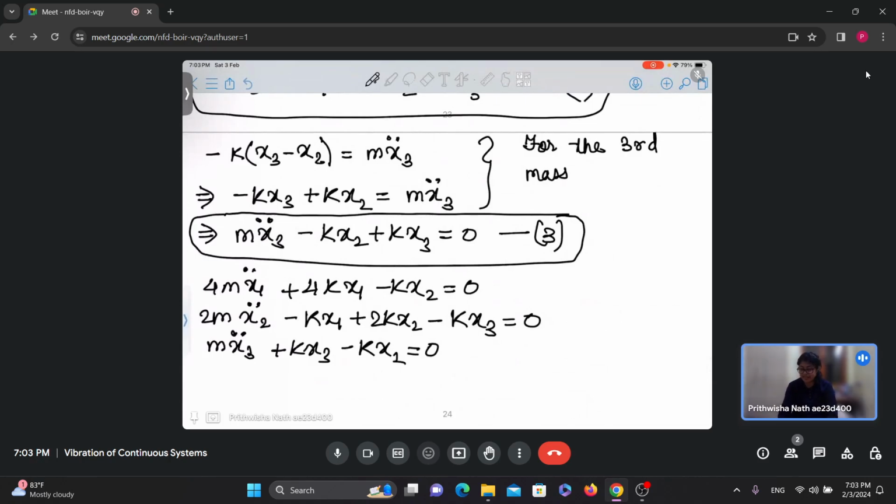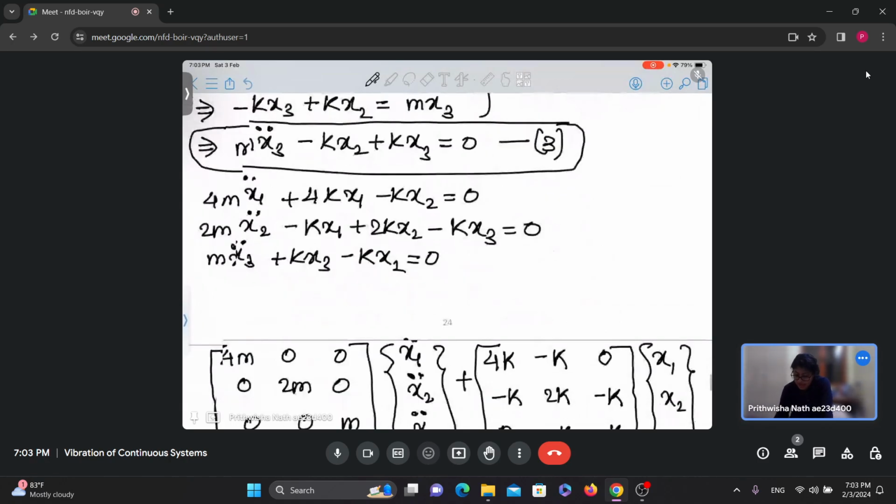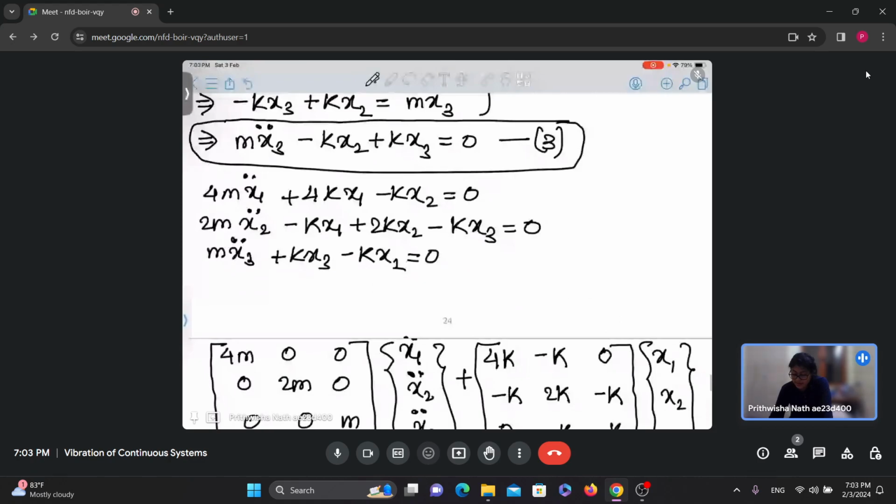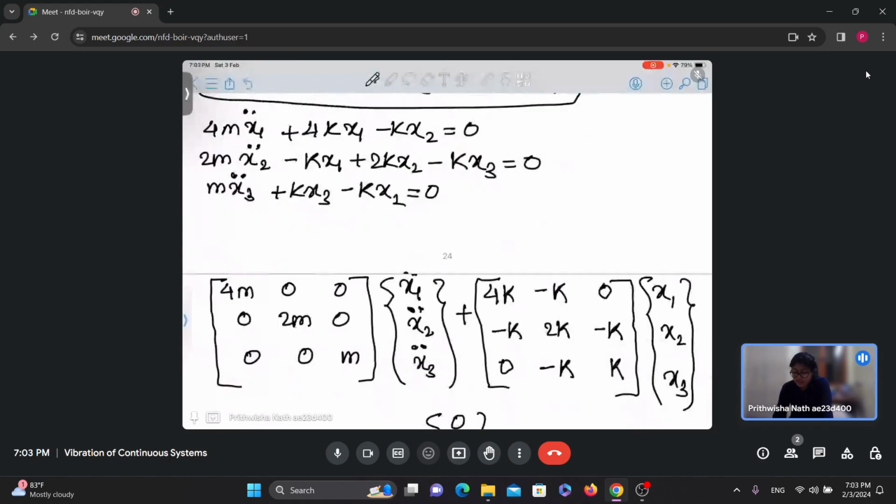Now I finally write these equations for masses 1, 2 and 3, and then I write the coefficients for x1 double dot. In the first equation, there is no term for x2 double dot, x3 double dot. There is only a coefficient for x1 double dot. So I write 4m and the rest two are 0.